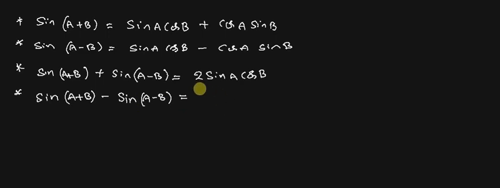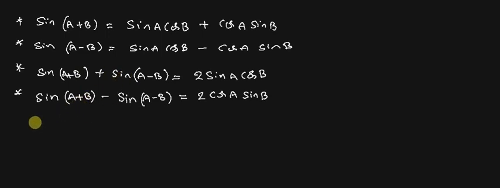Now in this result, both of these quantities are cancelled, because we are subtracting one from another. Since this sign is changed, the result would be 2 cos a sin b. Right?